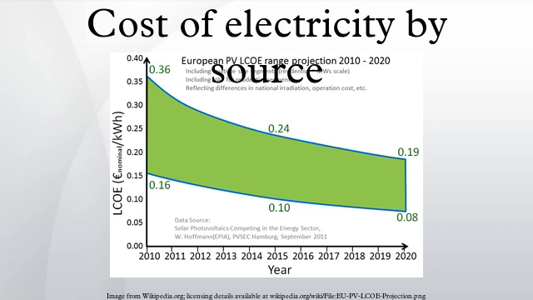OpenEI database. OpenEI, sponsored jointly by the US DOE and the National Renewable Energy Laboratory, has compiled a historical cost of generation database covering a wide variety of generation sources. Because the data is open source, it may be subject to frequent revision. Germany 2013 estimates.